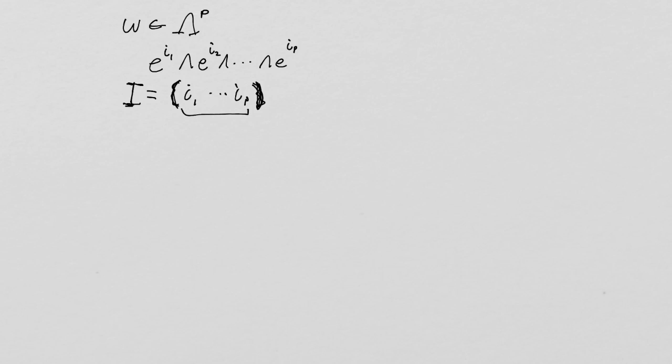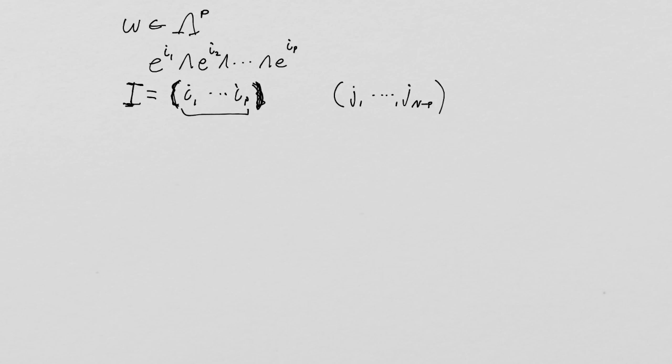Okay. So once I have a sequence of indices 1 through p, there is a corresponding set of indices that are not on the list. And I'll call those J1 through J_{n-p}. There's n minus p of those, and they're not in this list.